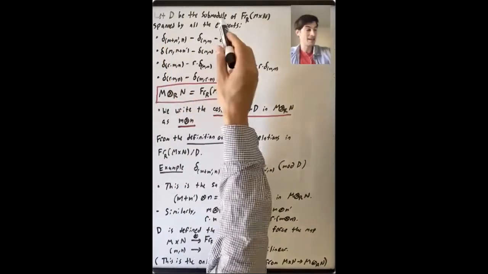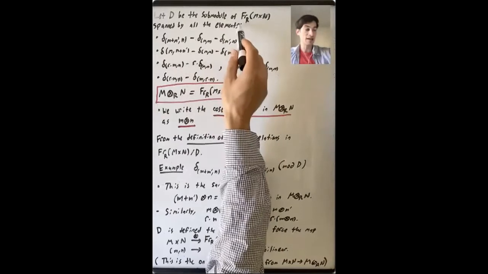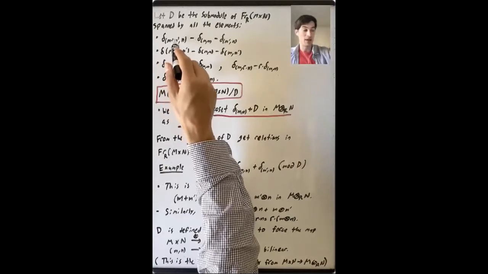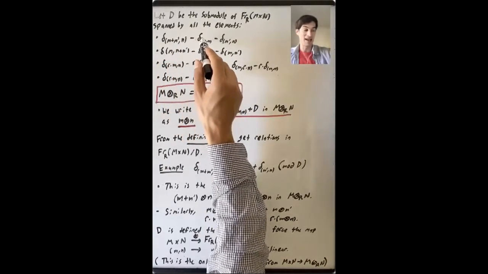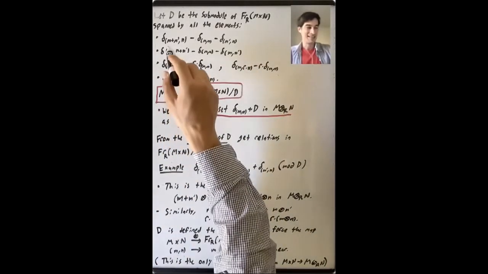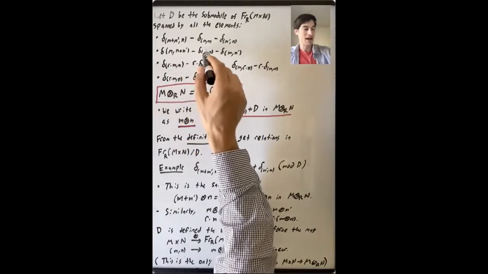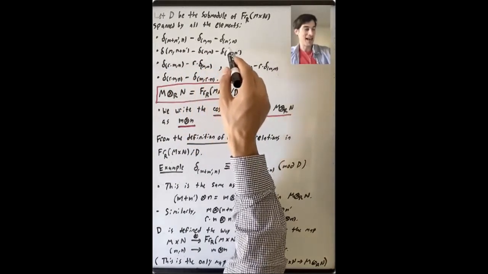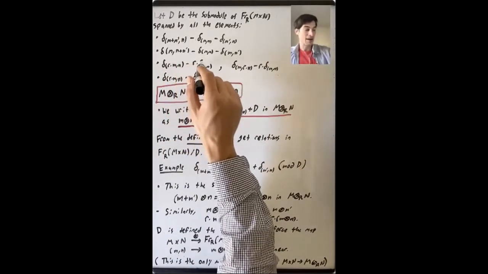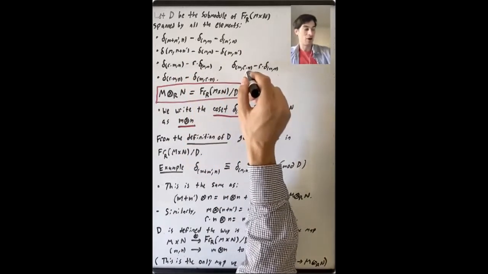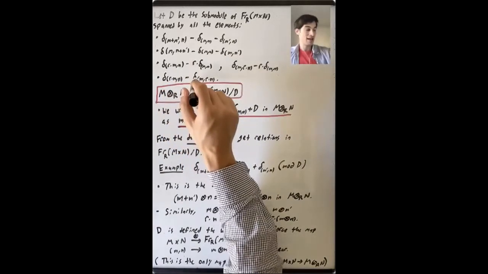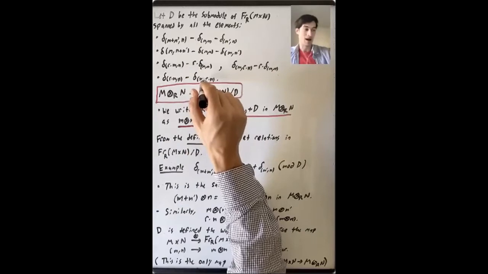Let's say that D is the submodule of this free module spanned by all of the elements of the following form. delta_(M+M',N) minus delta_(M,N) minus delta_(M',N). Okay? delta_(M,N+N') minus delta_(M,N) minus delta_(M,N'), delta_(RM,N) minus R times delta_(M,N), delta_(M,RN) minus R times delta_(M,N), and then delta_(RM,N) minus delta_(M,RN).